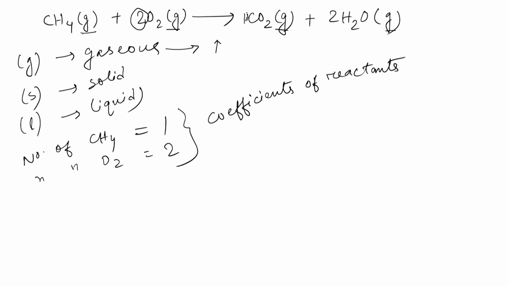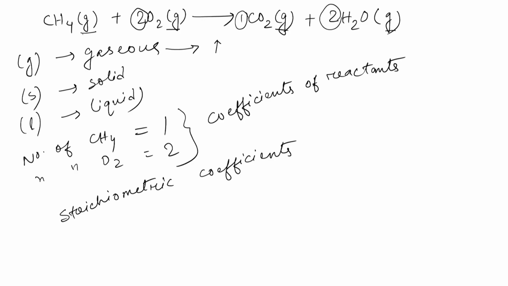The answer will be 1. How many water are formed? This is 2. So these are called stoichiometric coefficients, which represent how many moles or molecules of the reactants are involved in the reaction and how many moles or molecules of the product are formed.